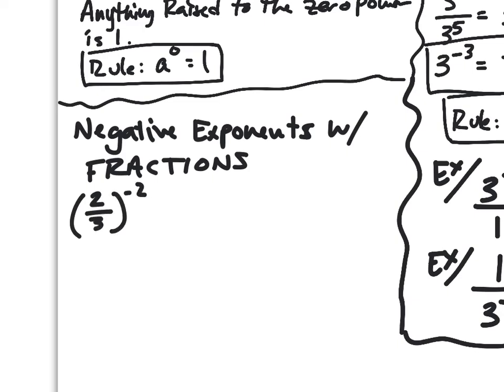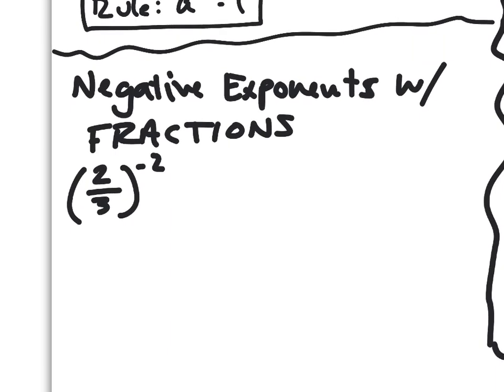You maybe have to do this the long way every time, it just kind of depends. I'm going to take the numerator and the denominator and apply the quotient rule. So I would take 2 to the negative 2 power and divide that by 3 to the negative 2 power.